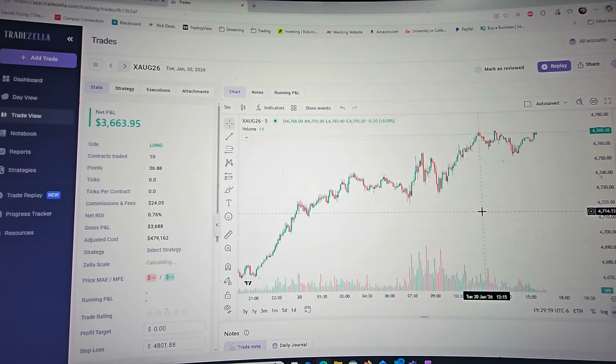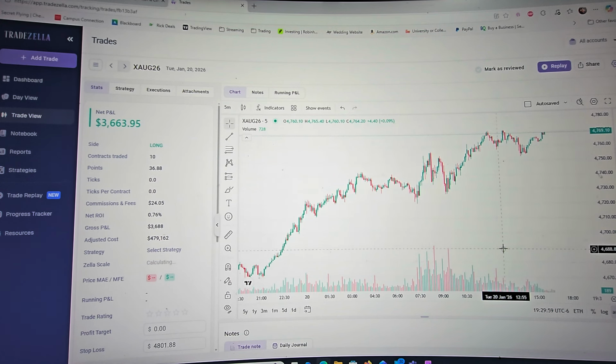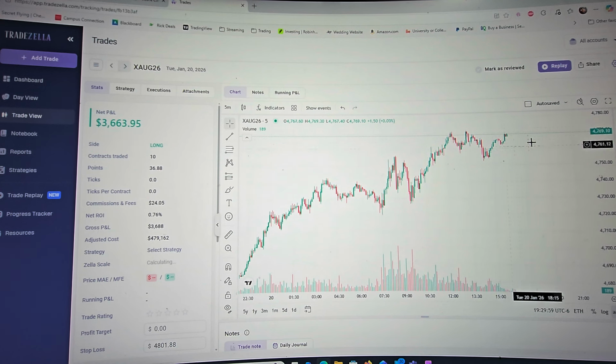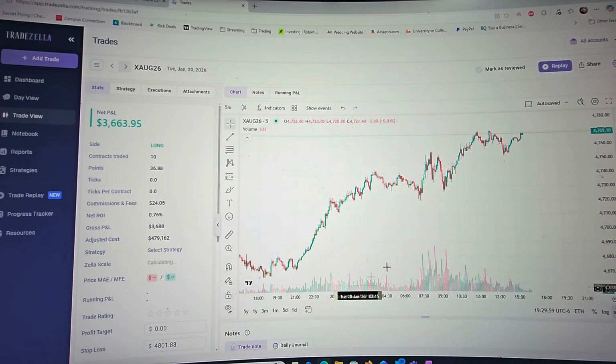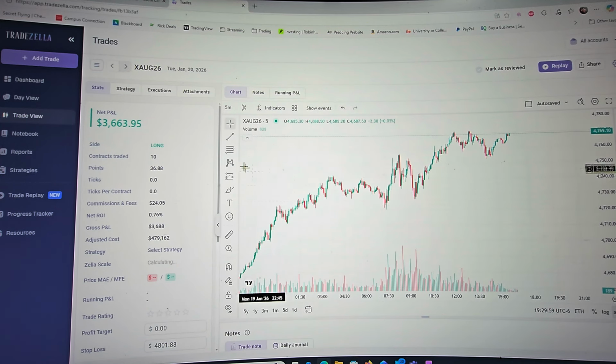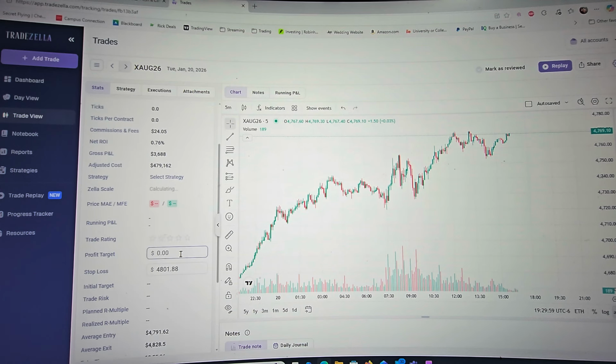Where is my entry and exit? The entry was supposed to be above here. This hasn't synced yet, has it? It hasn't synced yet. But I would give this a 5-star.